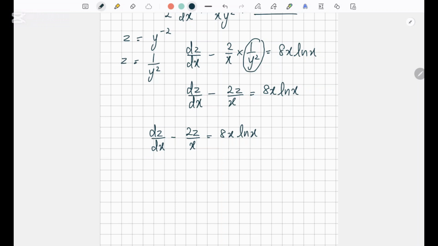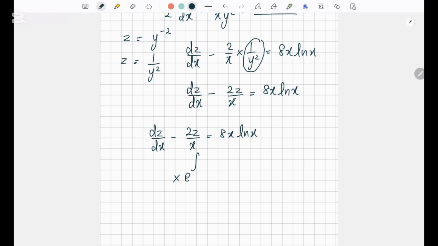So what you do is, there's a format you need to follow. It's y into e to the power the integration of the coefficient in front of z.